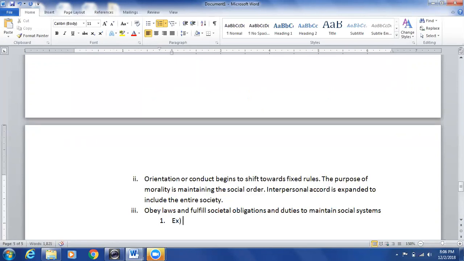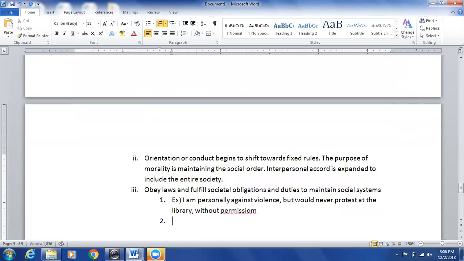So an example of all of this is I am personally against violence, but would never protest at the library without permission. So I wouldn't just march into a quiet library and start doing my thing because there's a societal expectation that libraries are going to be quiet, or a place for sound reasoning, rather than me just roaming in and doing wild things.